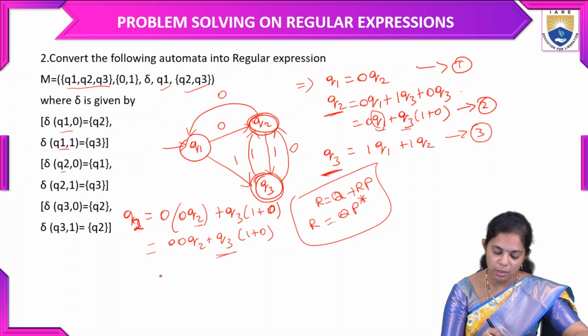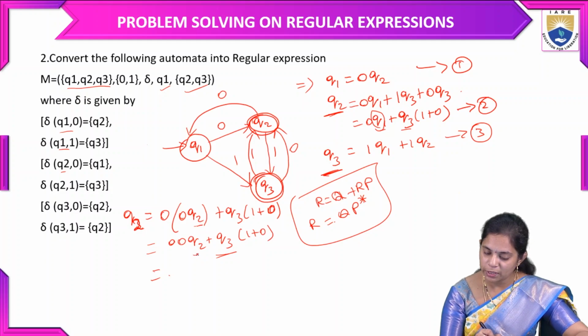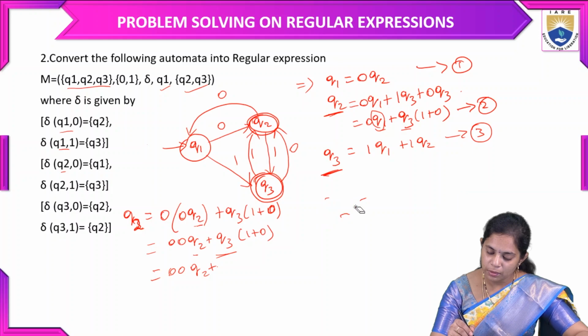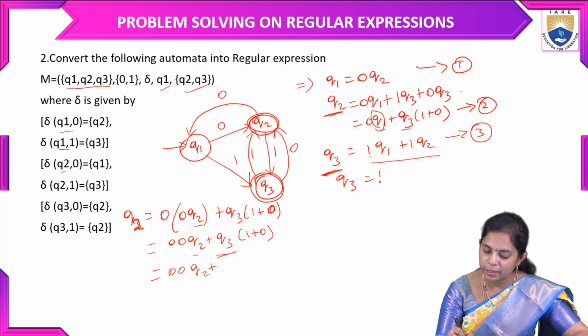So how to remove this one? So here 0, 0 is there, and we need to assume like this equation, and we need to try to remove this one. And so Q3 is there, and for this one, if you substitute 0, 0, Q2, and here Q1 is already there, and if you substitute this, if you solve this Q3 equation, we will have the equation in terms of, so Q3 is equal to 1 Q1 is there, 1, and this is in terms of 0 Q2, and 1 Q2.